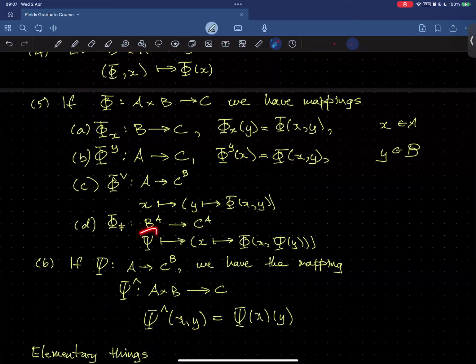Okay, so I have a mapping psi from A into B, and I get a mapping from A into C, and it's defined by this formula.